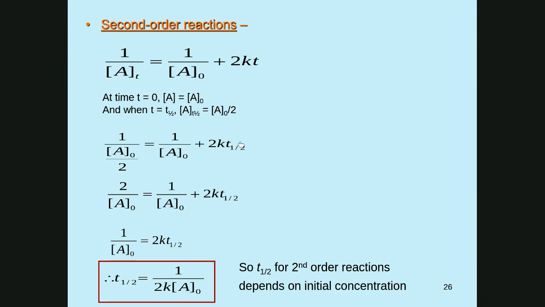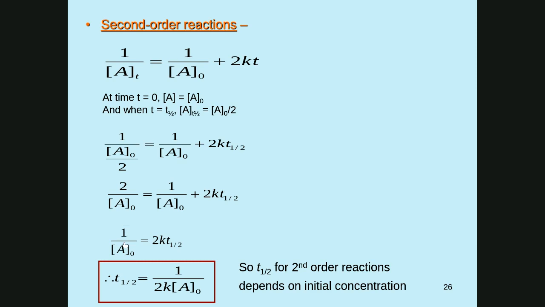Now that is the equation for T1/2, and T1/2 is then made the subject. First of all, we invert the thing on the left. 1 upon A0 over 2 is 2 upon A0. So that is 1 upon A0 plus 2K T1/2. Then we transpose this term. Yeah, so it's 2 over A0 minus 1 over A0 is 1 over A0.